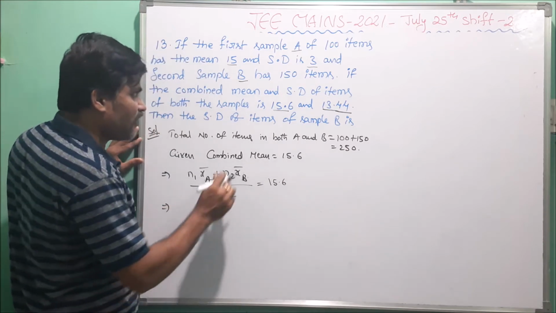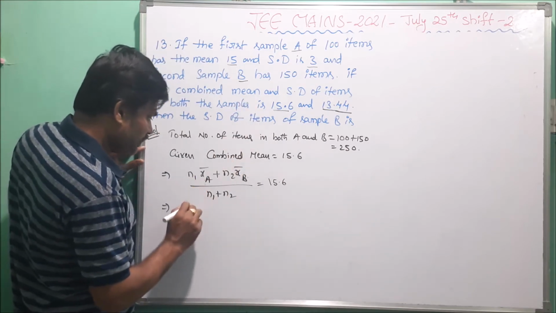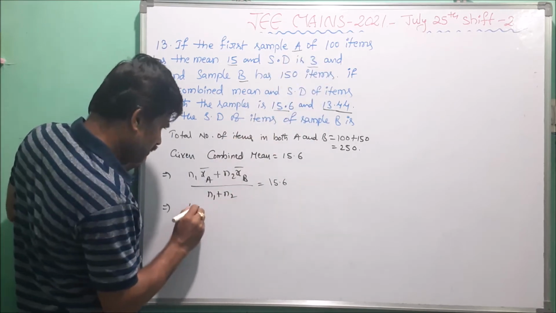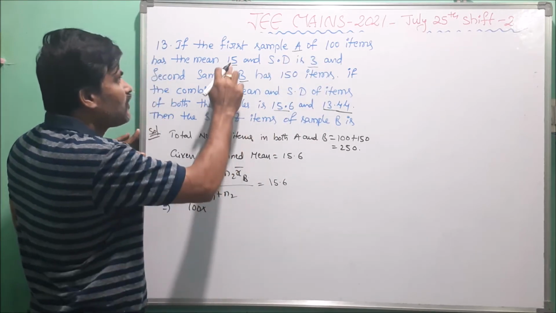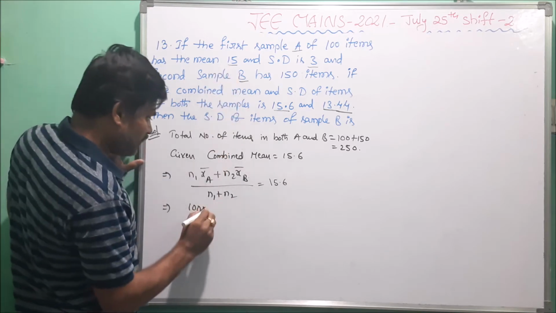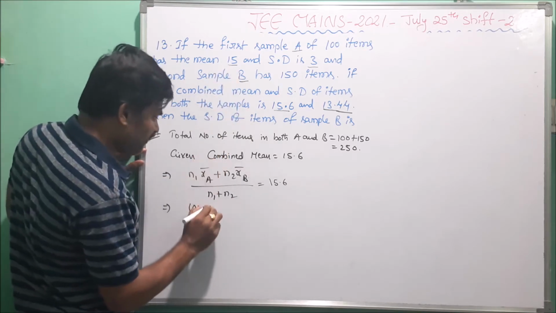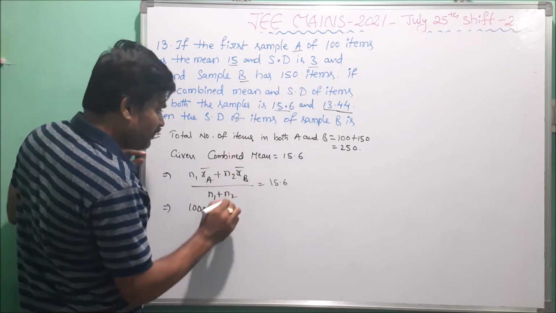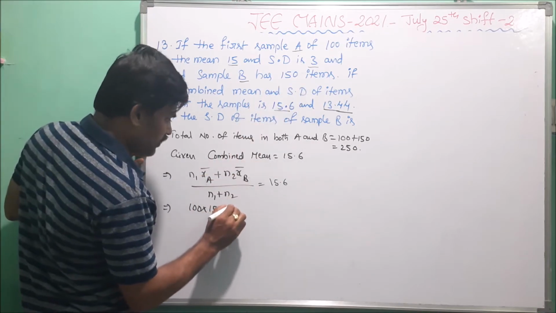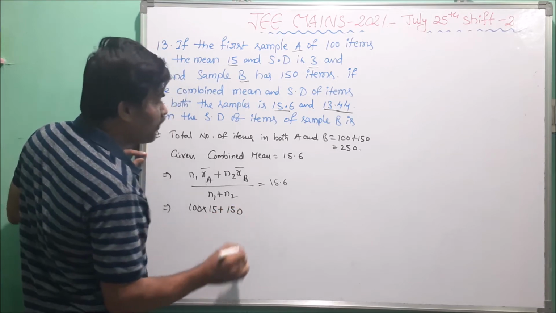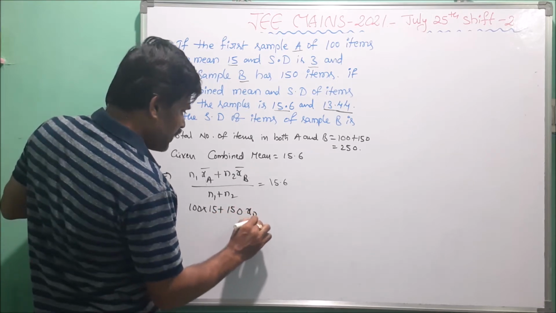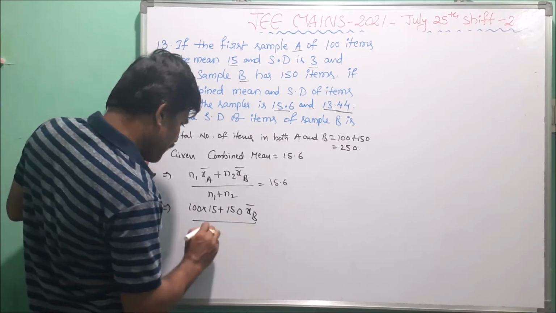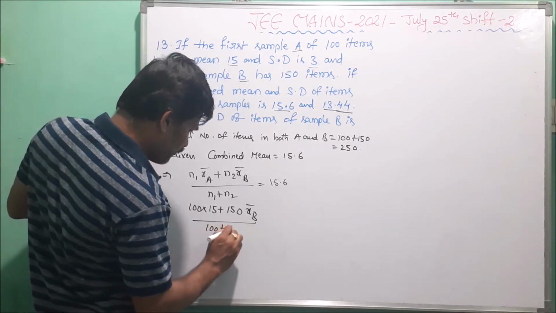Now substitute the values. N1 value is 100 into the individual mean, that is 15, the mean of sample A, plus the number of items in sample B, 150, times the mean of sample B, which is not known, by 100 plus 150.